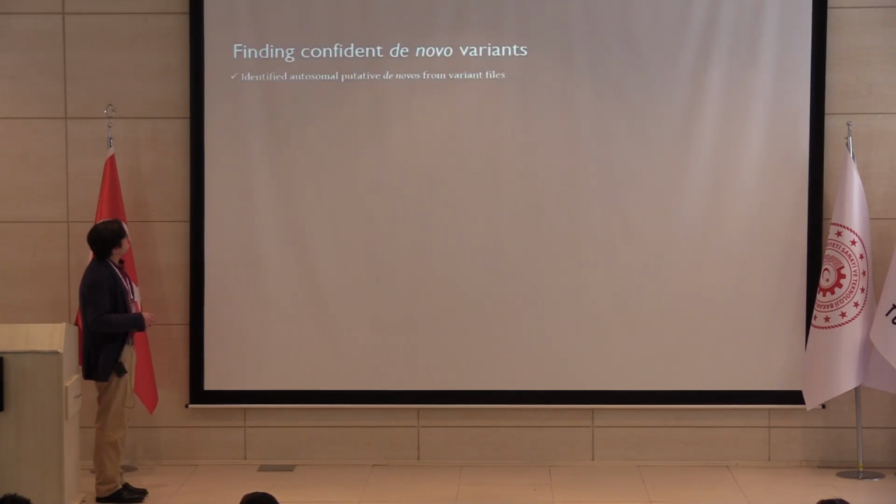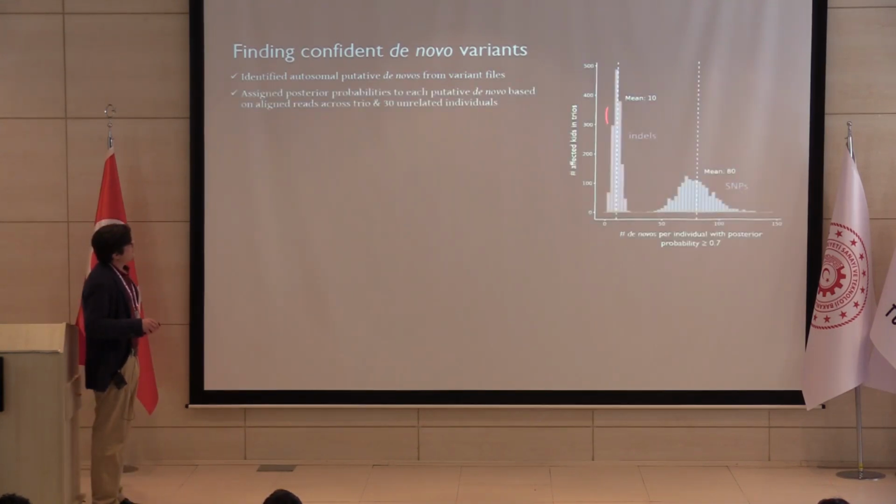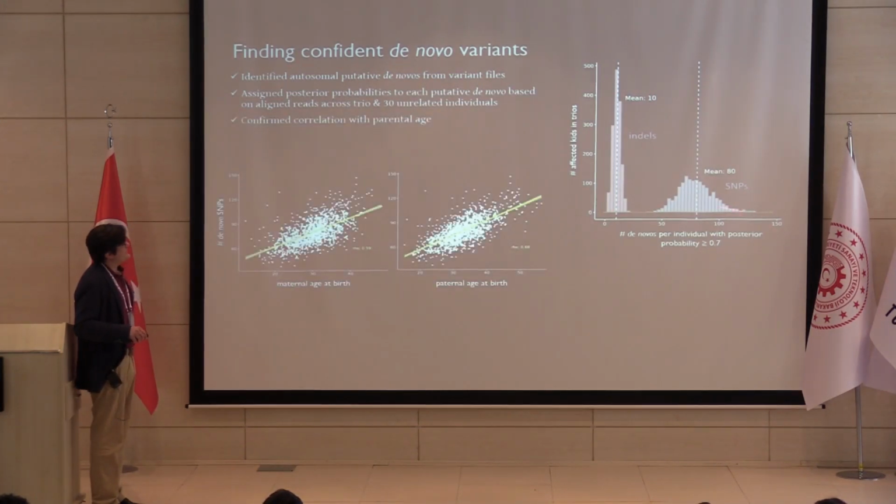Now, what would be the method? So we're finding confident de novo variants. We call them with a Bayesian method. So these are all the properties I showed on the slide yesterday. We have the expected number of single nucleotide changes. We have the expected number of indels. All distributions are clean, as expected with age at birth. You should run a lot of bioinformatics to call de novo mutations carefully.